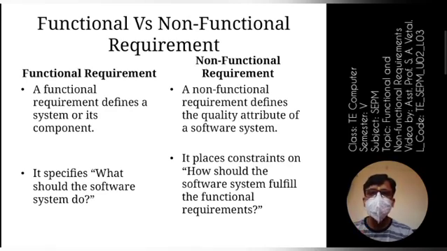We are going to place constraints on what we implement in the functional requirement. So how the software system should fulfill the functional requirement with the help of constraints is the non-functional requirement.